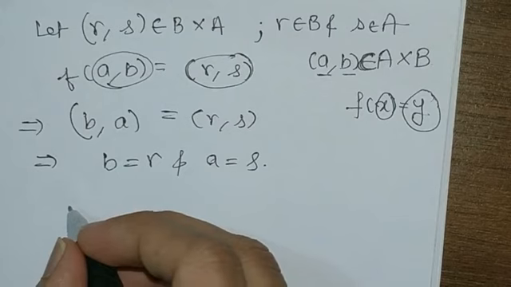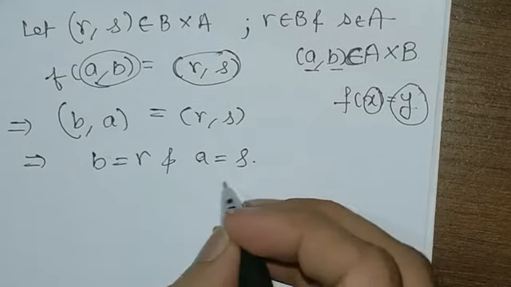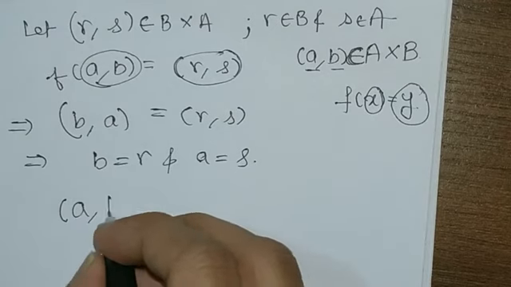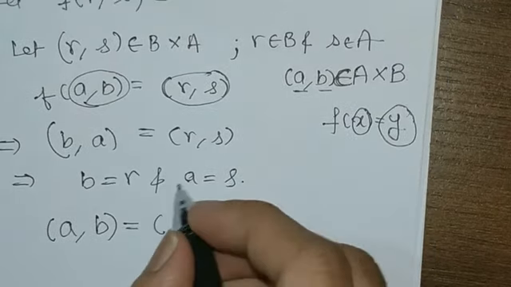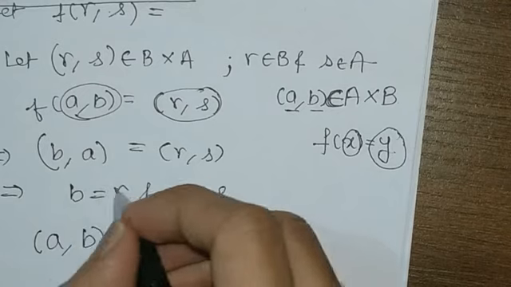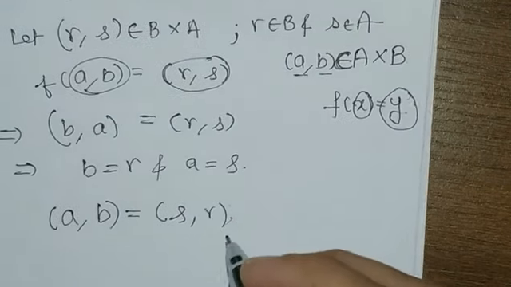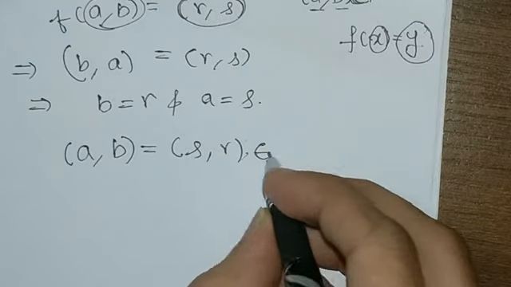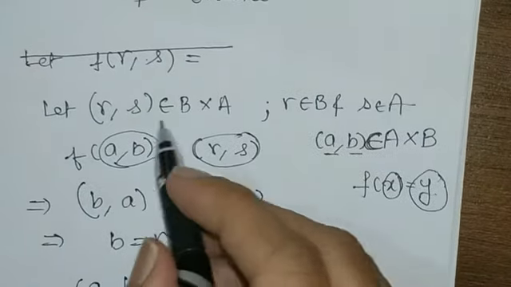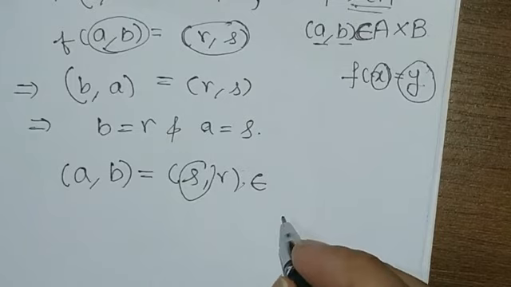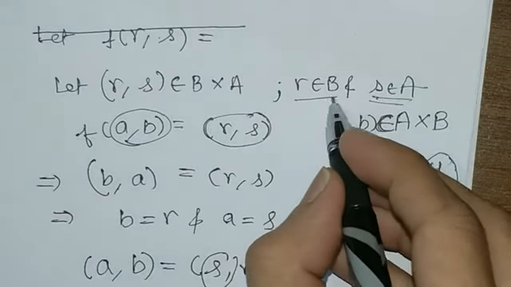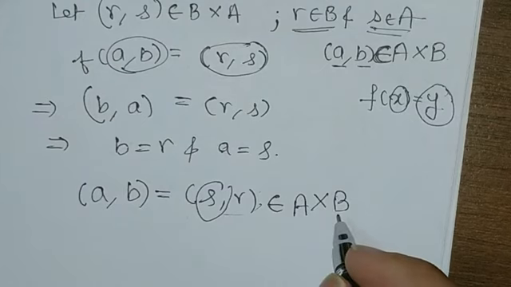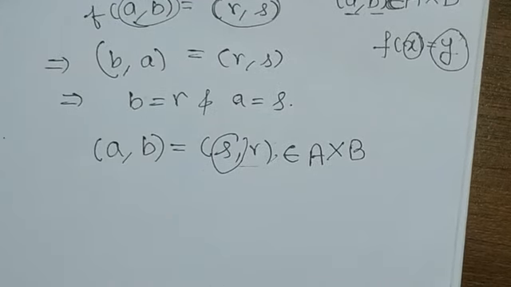So you can now write the element (a, b): a is equal to s and b is equal to r. You can see that this s belongs to A and this r belongs to B. So this will belong to A Cartesian product B.